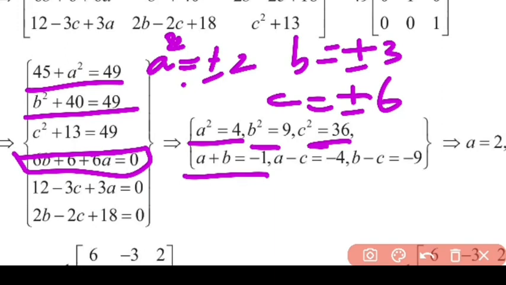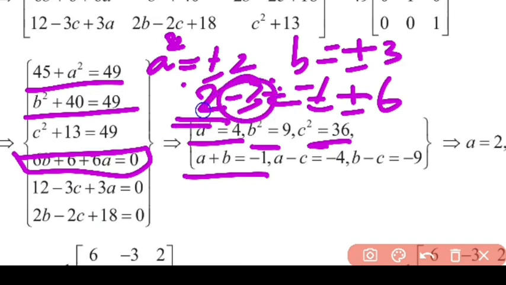Comparing with this equation, if we substitute a value plus 2 and b value plus 3, it becomes plus 5. Suppose minus 2 plus 3, we get plus 1. So we need 2 minus 3, because only 2 minus 3 gives minus 1. Therefore a value 2, b value minus 3.